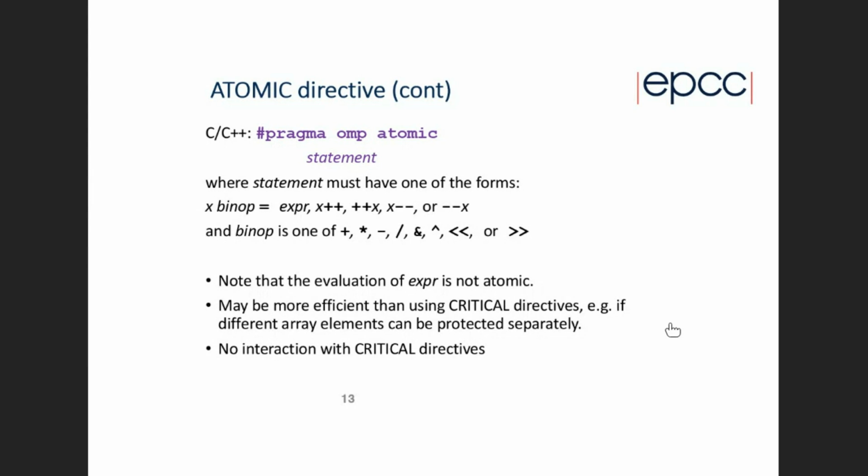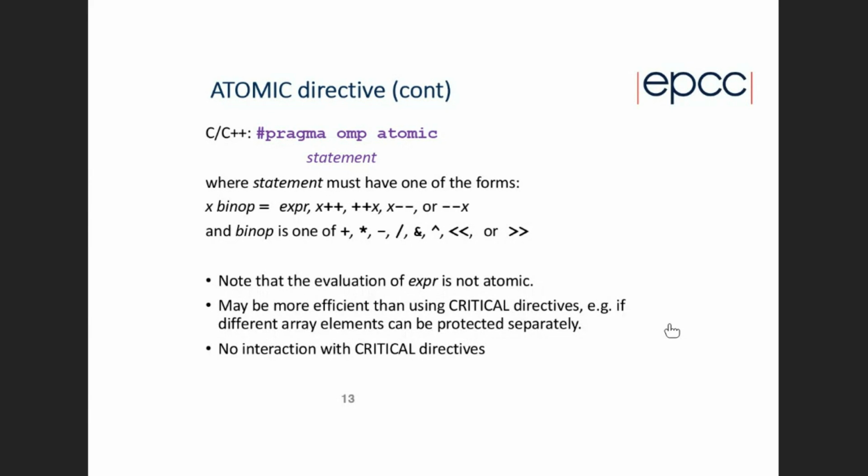If you'd like to think about the difference, critical provides protection from threads executing a block of code, whereas atomic provides protection from threads updating a particular memory location. So critical protects code, which may indeed protect memory locations implicitly, whereas atomic explicitly protects a memory location.